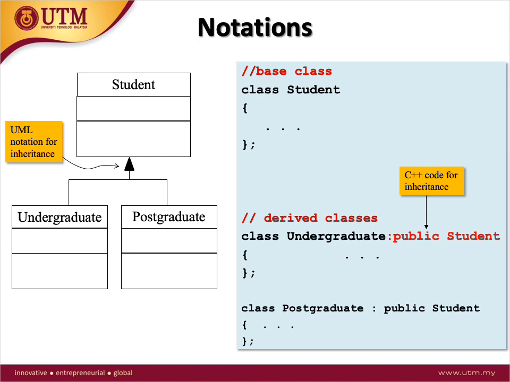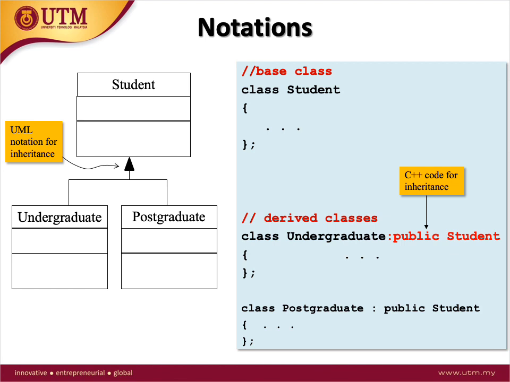When you look at this C++ code for inheritance, it says public Student, with this colon. There is a colon here, and it actually inherits from the base class. The base class here is Student.